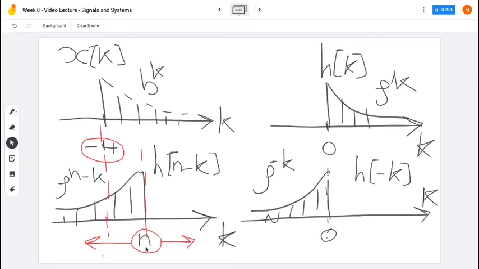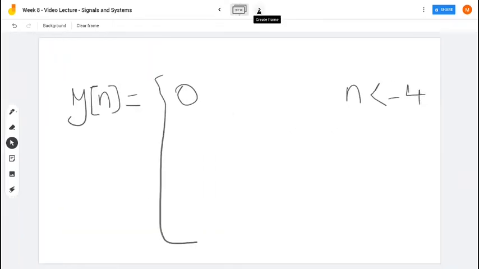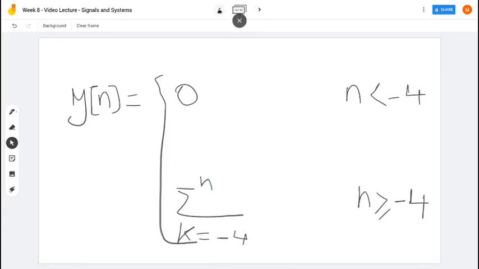But if n is larger than or equal to minus 4, we will have a summation going from minus 4 up to n. So in this case, we will have a summation over the variable k going from minus 4 up to n. And now we will be having x of k times h of n minus k.